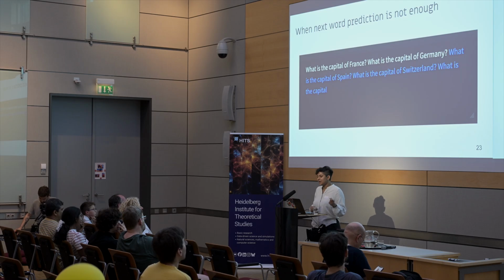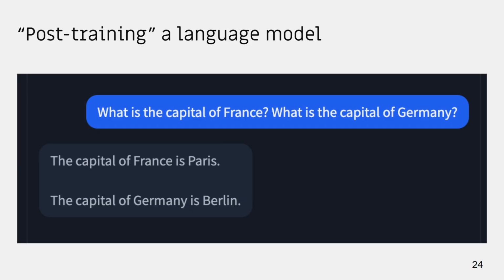And so what you need to do after this sort of training process is something called post-training. And post-training is essentially what allows you to then have this kind of chat interface where maybe you say, what is the capital of France? What is the capital of Germany? And the model responds with, the capital of France is Paris, the capital of Germany is Berlin.